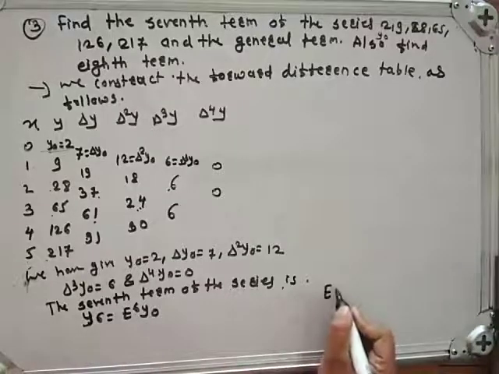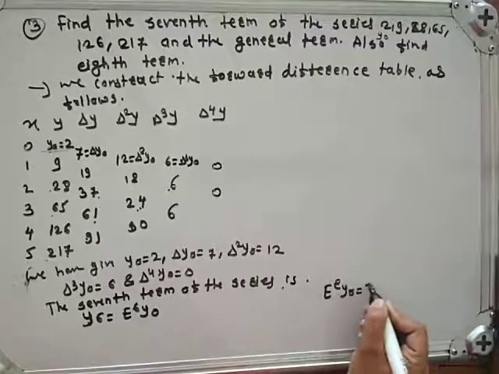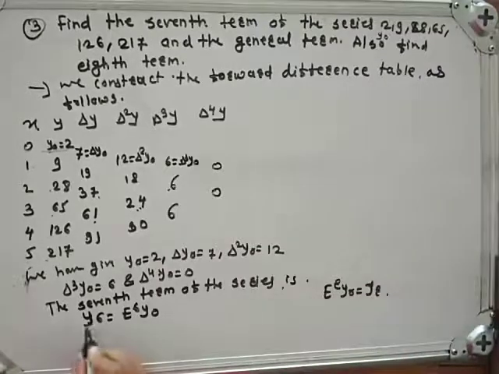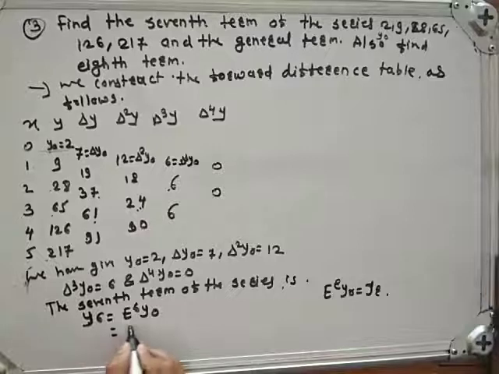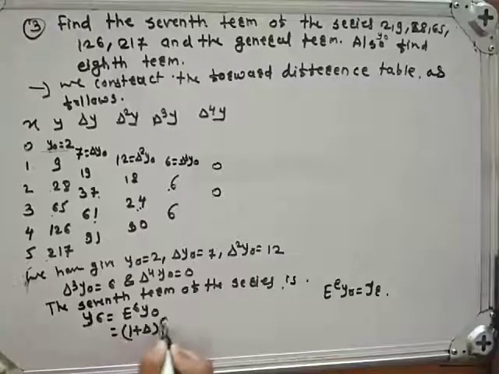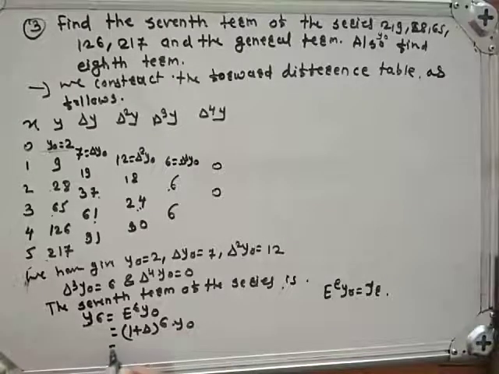E raised to r y0 is yr. So y6 is equal to E raised to 6 y0, which is equal to (1 plus Δ) raised to 6 y0. Simplify this bracket by using binomial expansion.